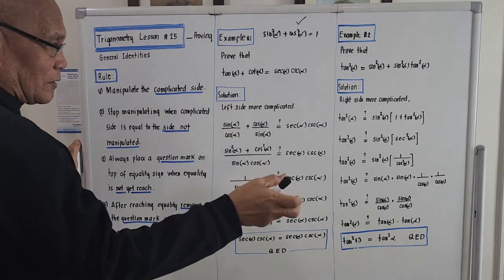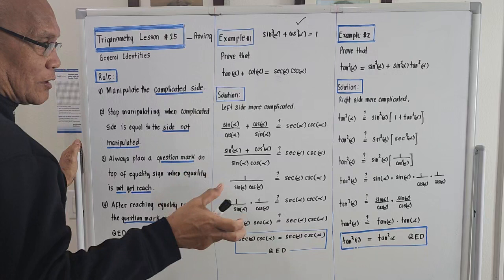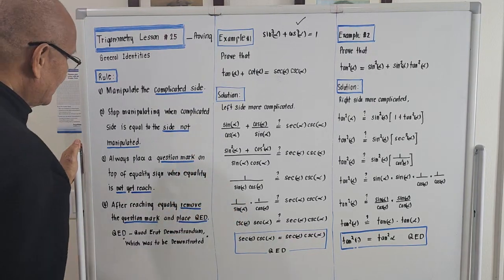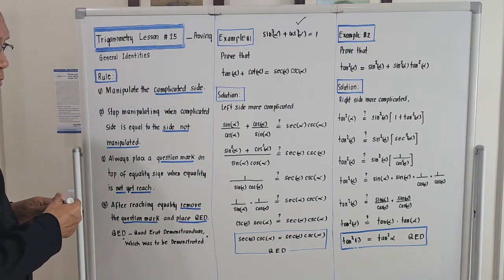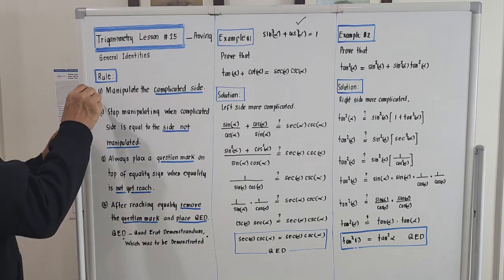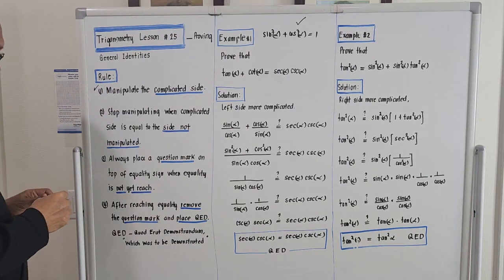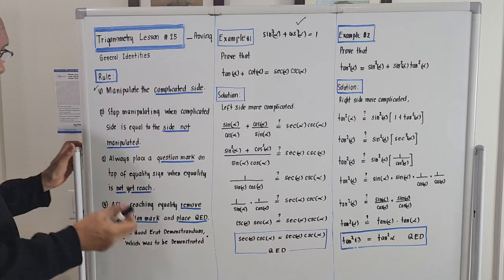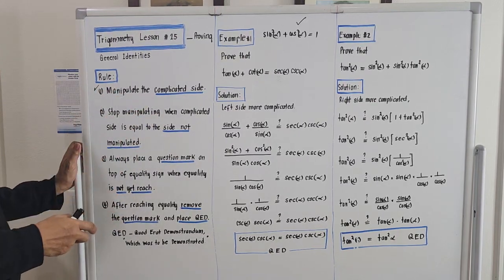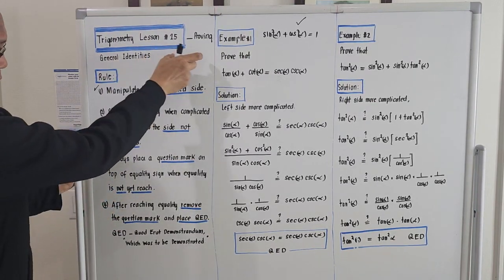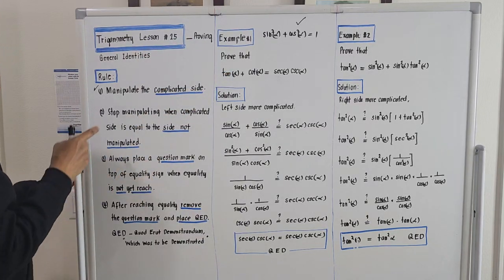Let's try to bring out the rule or process and how to prove general identities. There is a rule which must be followed. And I just summarize it into 4 things. Number 1, the rule on how to prove general identities.